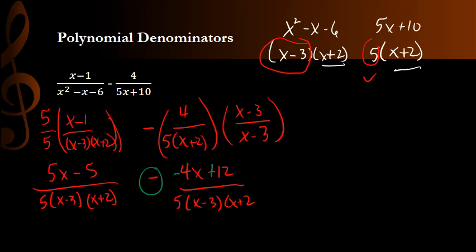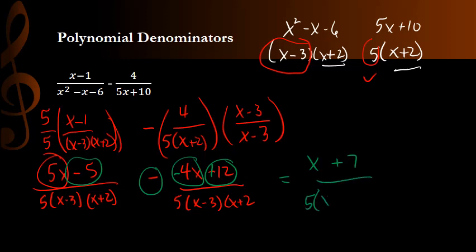All right, now let's combine the like terms. I've got 5x minus 4x, that's just going to leave me with x. And I've got negative 5 plus 12, that's going to be plus 7, over 5 times x minus 3 times x plus 2.